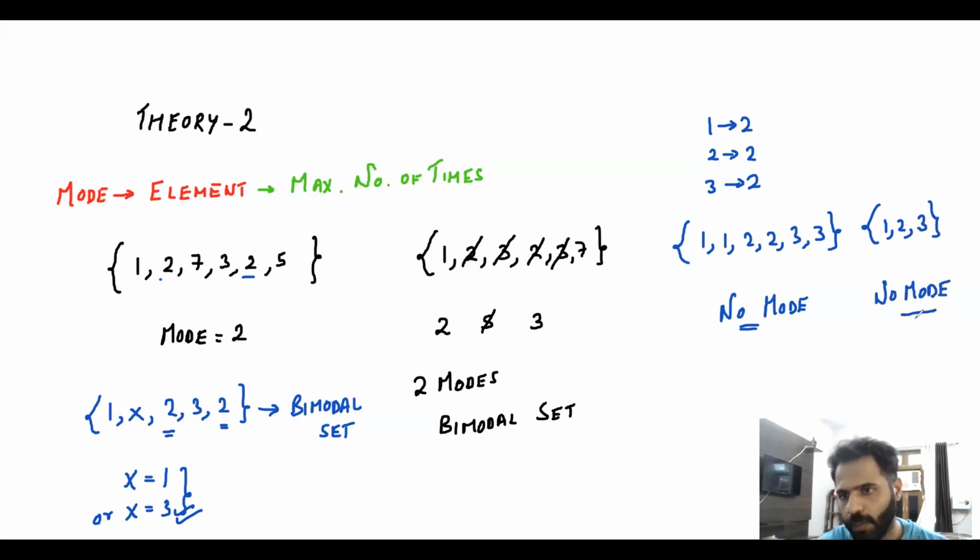So if you want to create a mode, you have to make one element superior to the others, meaning the greater in number of times it occurs in the set. That's it about the mode. You should know the maximum number of times, the bimodal set, and the case when no mode occurs.